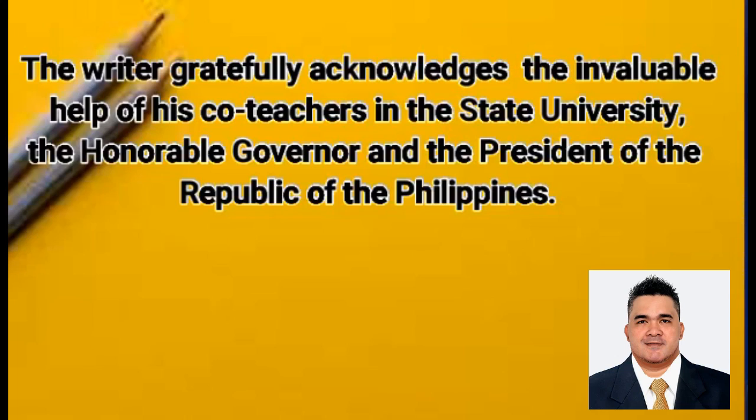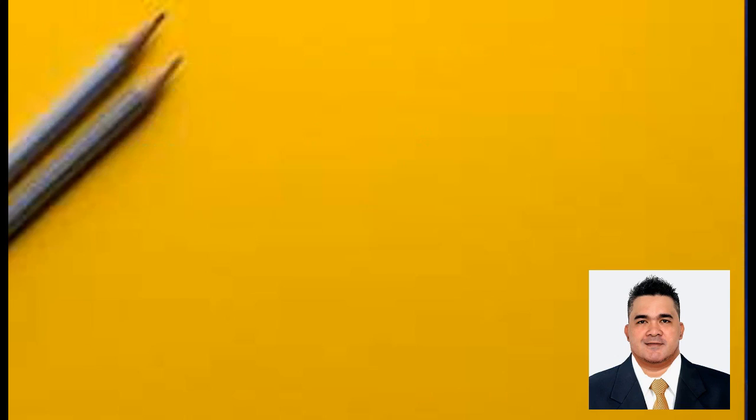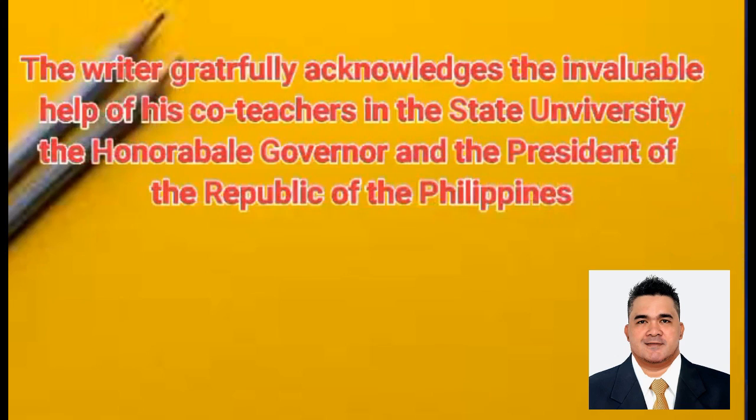In this sentence, the serial comma used before the conjunction and in a list of 3 or more items is a case in point. Without the serial comma, the governor and the president become the co-teachers of the author in this statement.